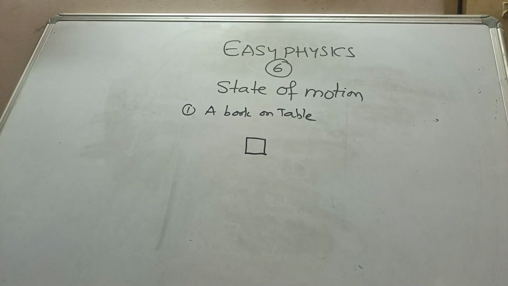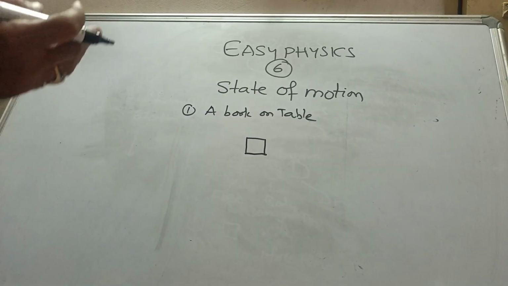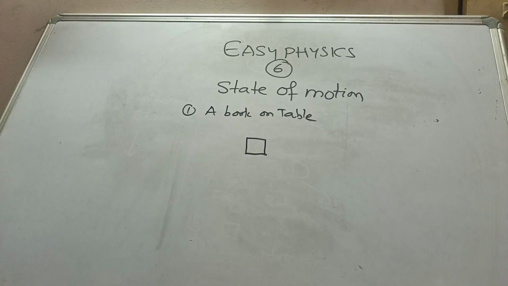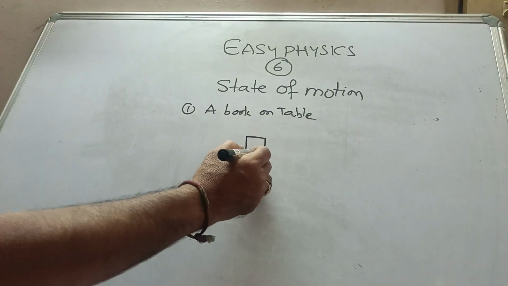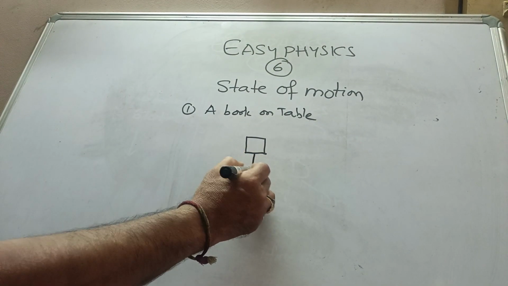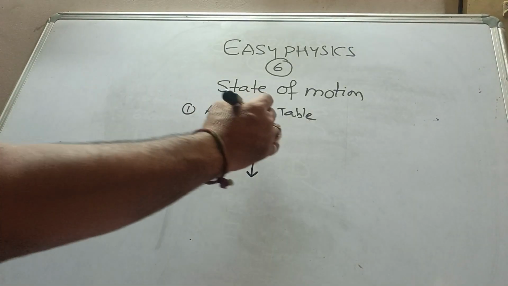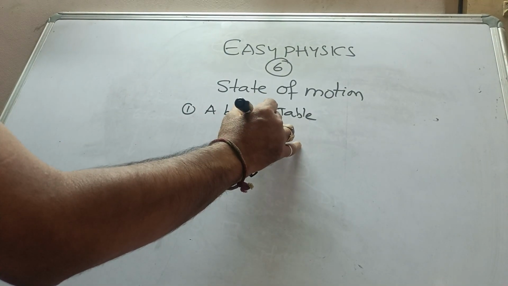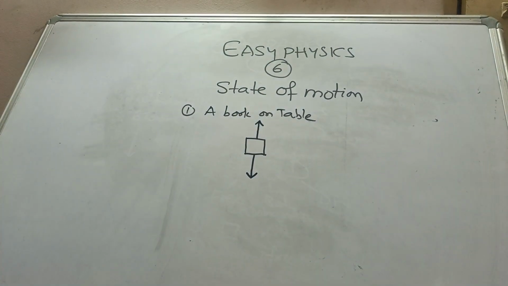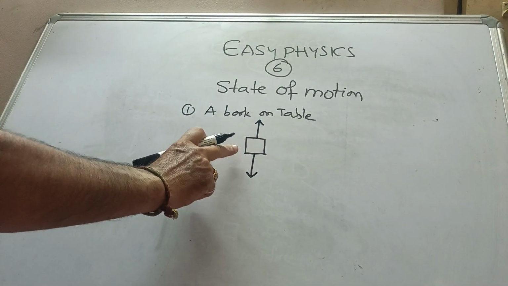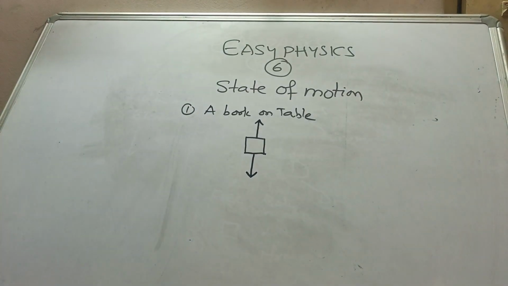First of all, the book has weight, so it wants to go down because of the gravitational force, or because of the weight. So we have to represent this one. But the table will not allow the book to fall down. It means that it is applying the normal force against the gravitational force in the upward direction. So this is the FBD representation of a book on a table.